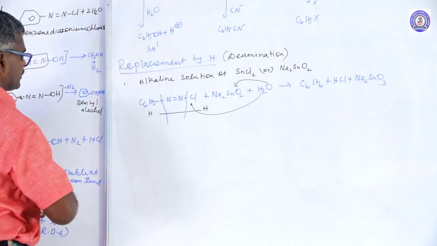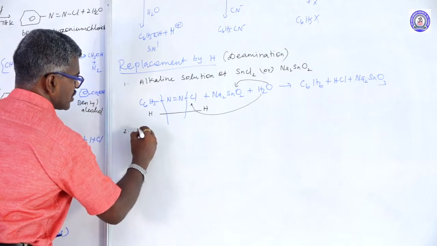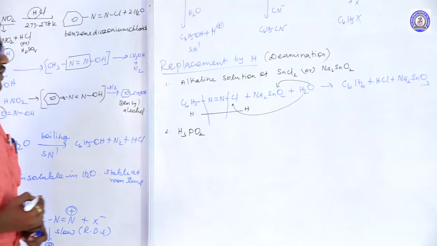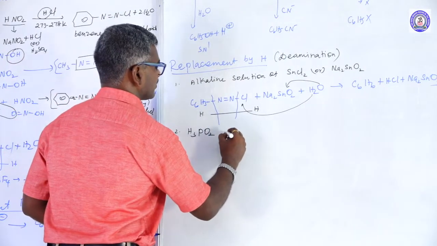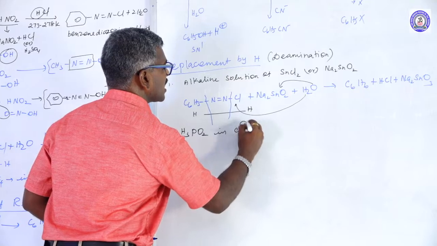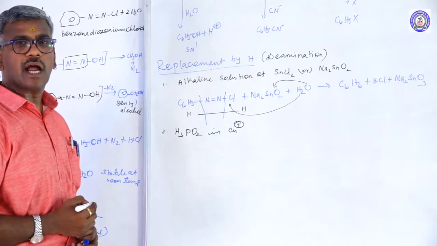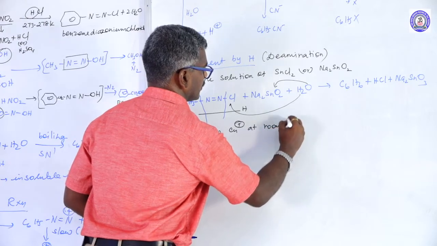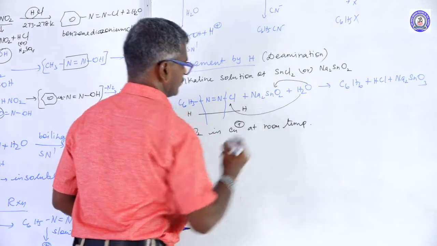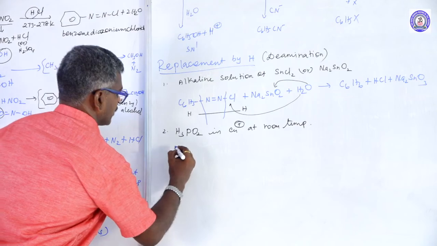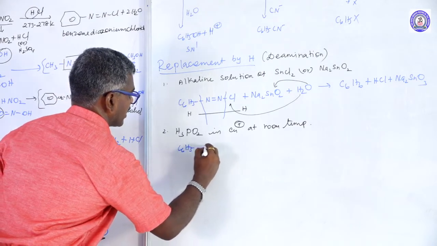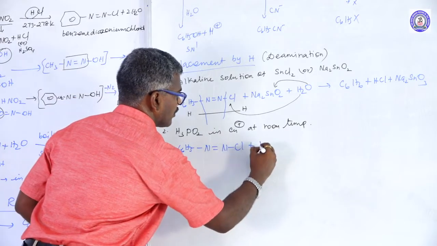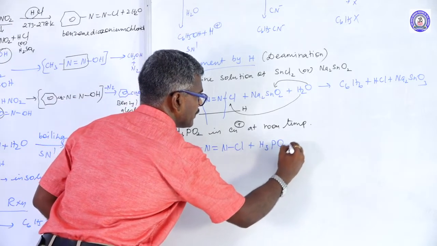Another method is by using hypophosphorus acid in the presence of Cu+. Cu+ acts as a catalyst at room temperature. C6H5 N double bond N Cl reacts with this compound, H3PO2 plus water.